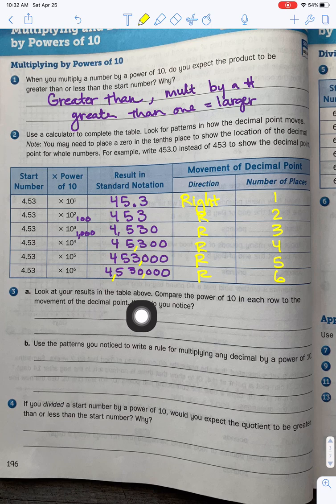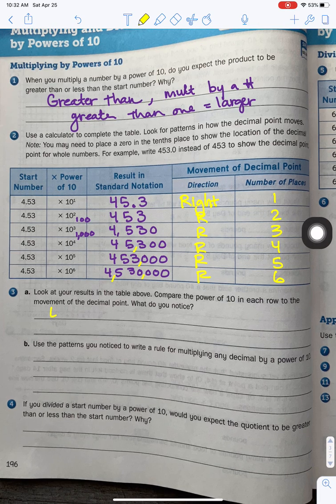Look at your results from the table above. Compare the power of 10 in each row to the movement of the decimal points. What do you notice? If you take a look at this, the power of 10 was 1, and the number of places it moved was 1. And so the decimal point always moves to the right. The number of places it moves is the same as the exponent.